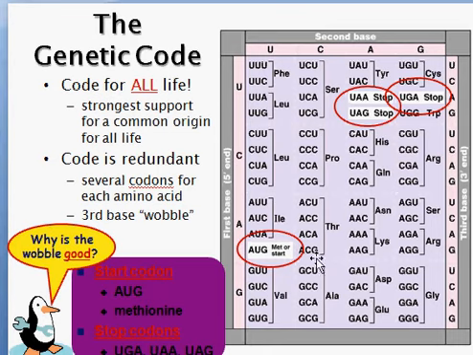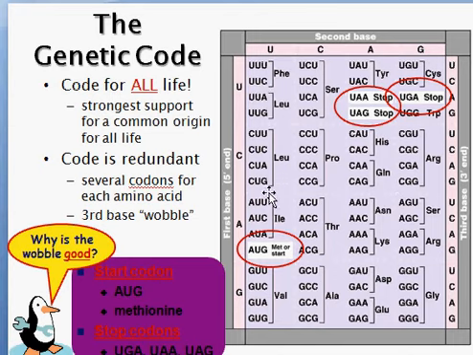The last point here in this list is that the 3rd portion of the code is called the wobble position. And we'll talk about what that means. But actually what it does mean is that if you look at the different codons that code for the same amino acid, oftentimes what's different is just that 3rd nucleotide of the triplet. That is the one that is the wobble.